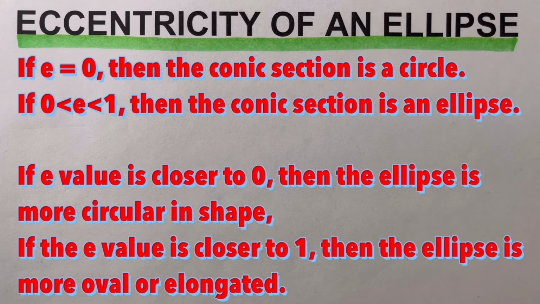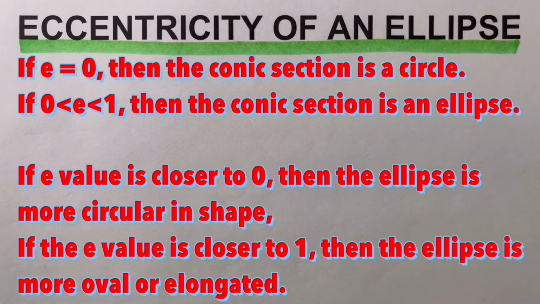On the other hand, if the eccentricity is greater than 0 and less than 1, we come up with an ellipse. We also remember that if the e value is closer to 0, then the ellipse tends to be more circular in shape. On the other hand, if the e value is closer to 1, then it is more oval or elongated.